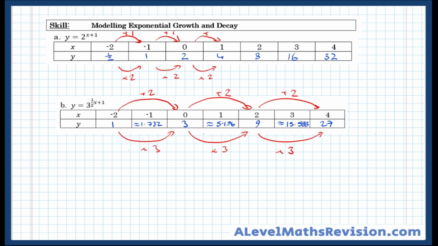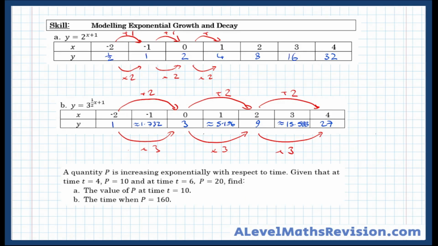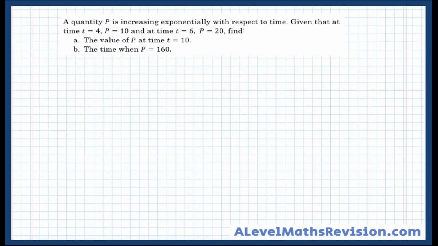Half of x, if we increase x by 2, it's going to increase the power as a whole by 1, meaning that we times by this base number 3. So that's just something to spot. But a key feature, again, of exponential growth is that every time we add something to x, we multiply y by something. And here's an example involving exponential growth.